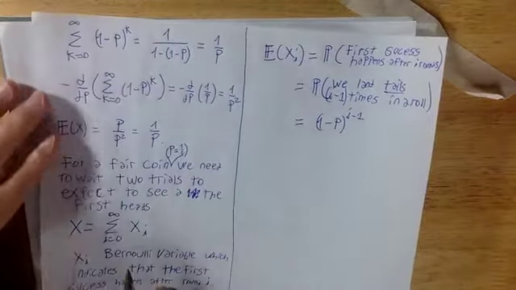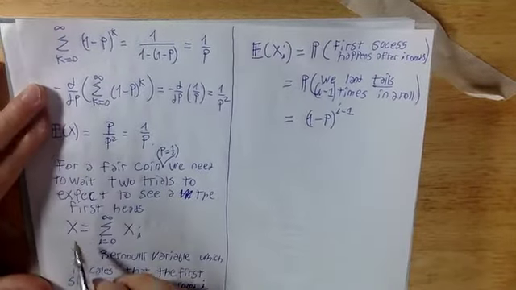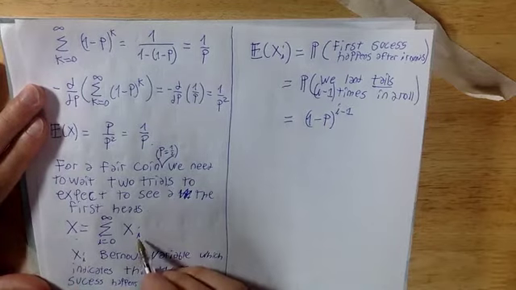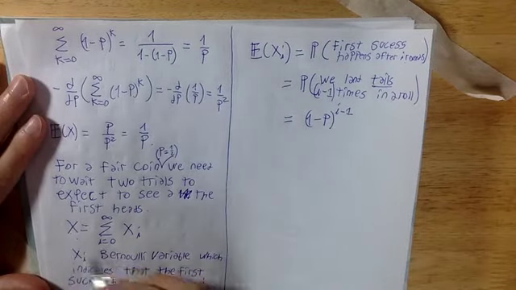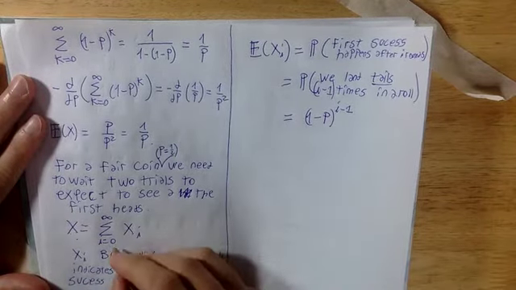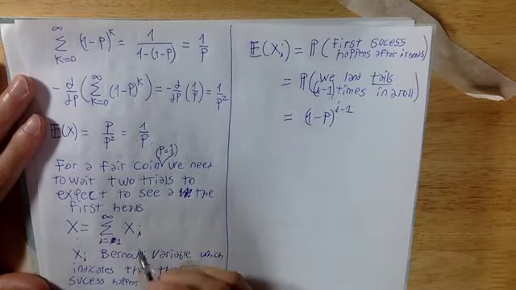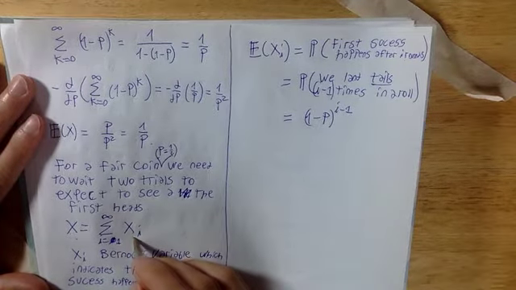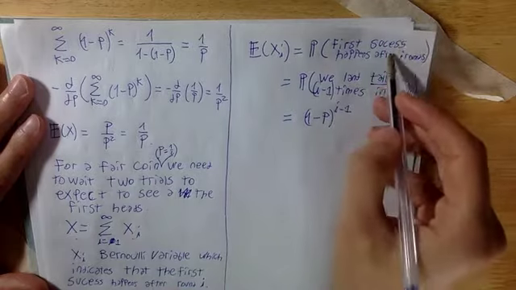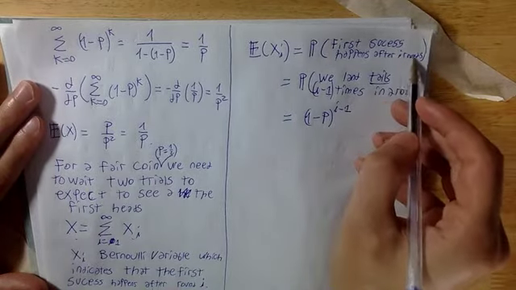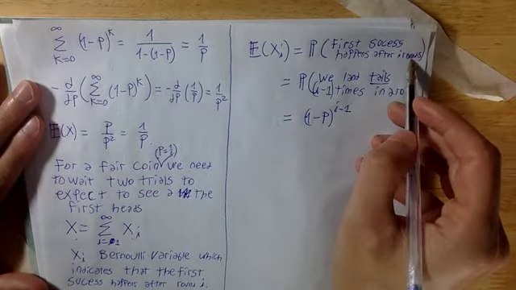Okay, and so you can actually check this identity, because if x is equal to 2, then you realize that the first success happens after the first and the second round.